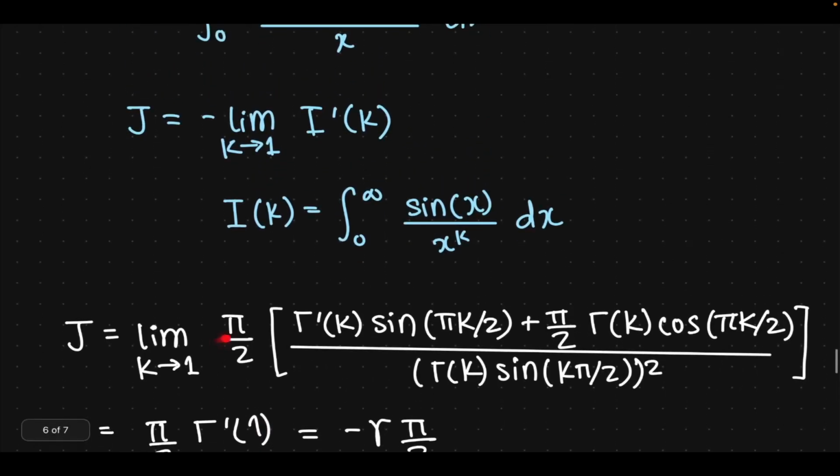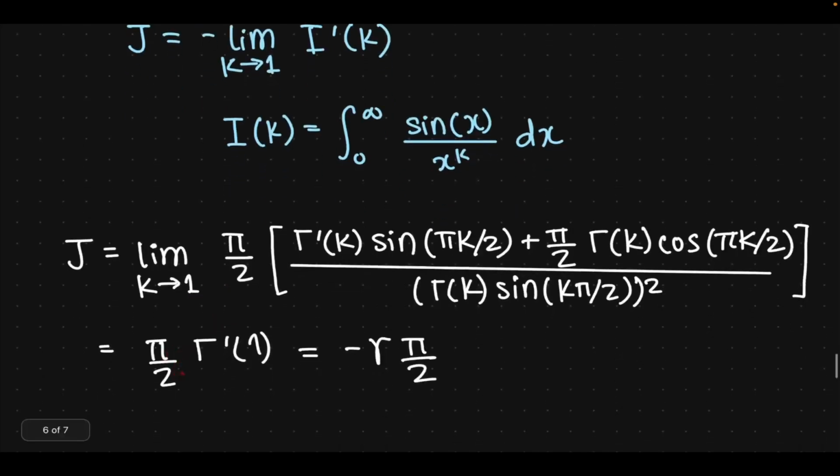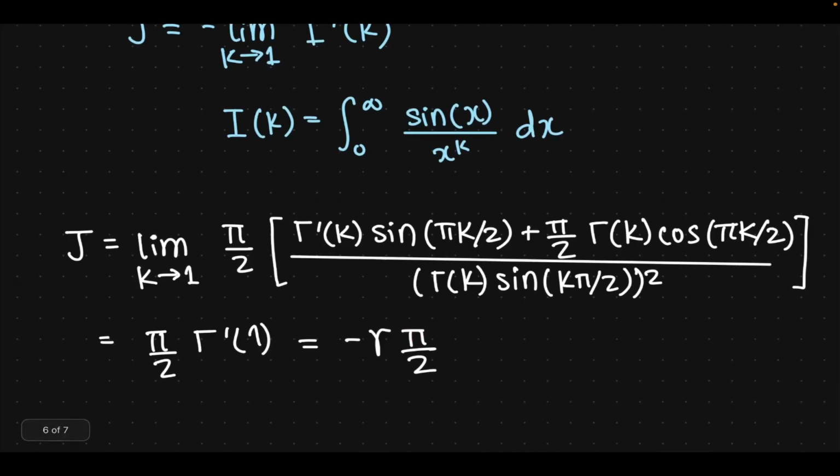Also, I absorbed the minus that was in front of the pi over 2 with the minus that we have here. In case you're wondering where the minus disappeared, well, this minus absorbed the minus that was in front of the pi over 2 factor in the original I prime of k expression. And that's why we get pi over 2 times gamma prime of 1, which is negative Euler-Mascheroni times pi over 2, which is exactly the result we derived in both methods: the contour integration method, that was the brute force method, and the elegant method of using the Laplace and inverse Laplace transforms.